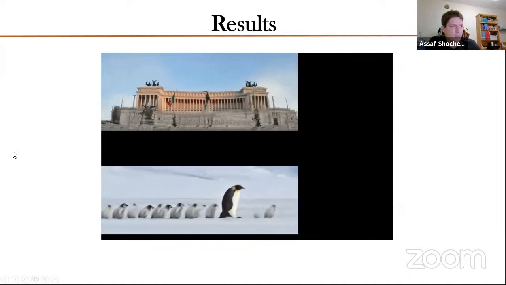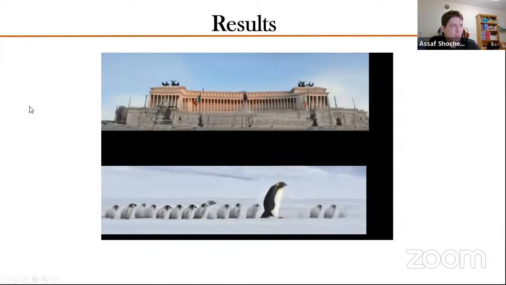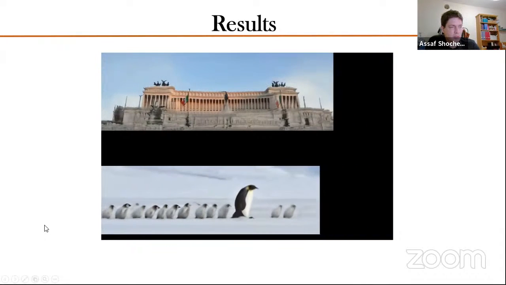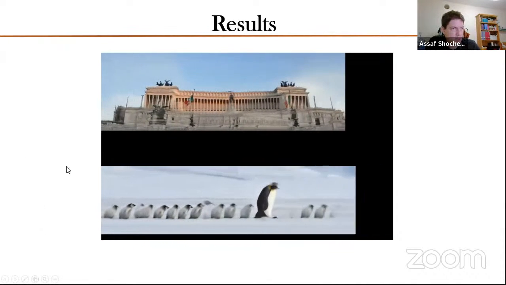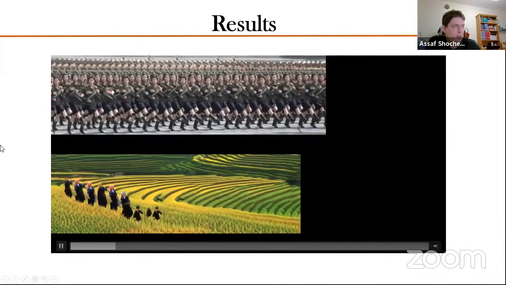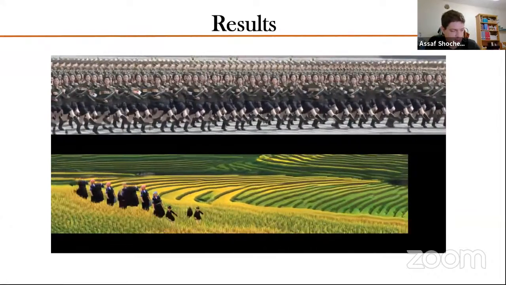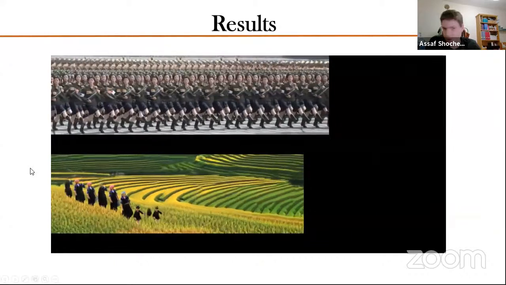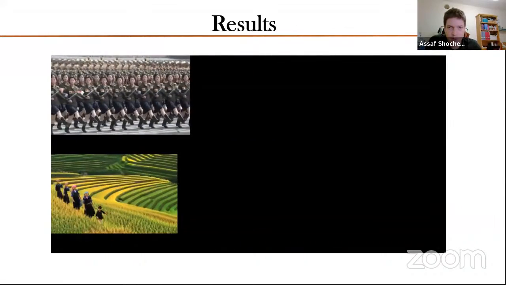In this example, this is Piazza Venezia in Rome. You can see how more poles are added, and you can see that the penguins are not getting any fatter, just new penguins are being born when needed. These are actually, I think, the forgot the name of how do you call the North Korean leader?